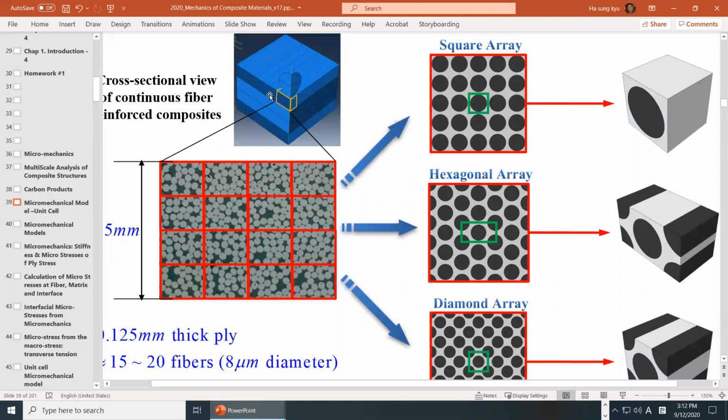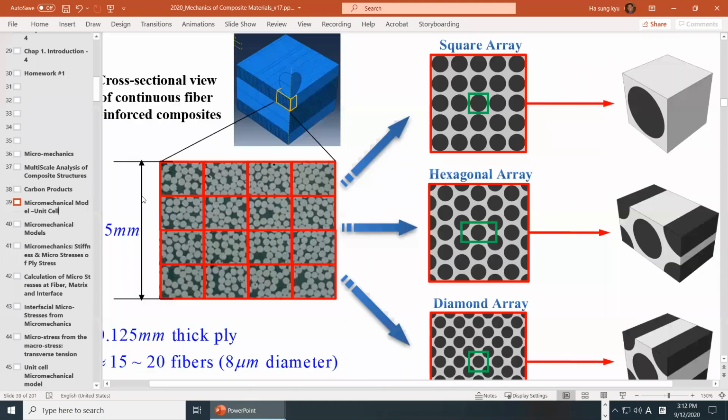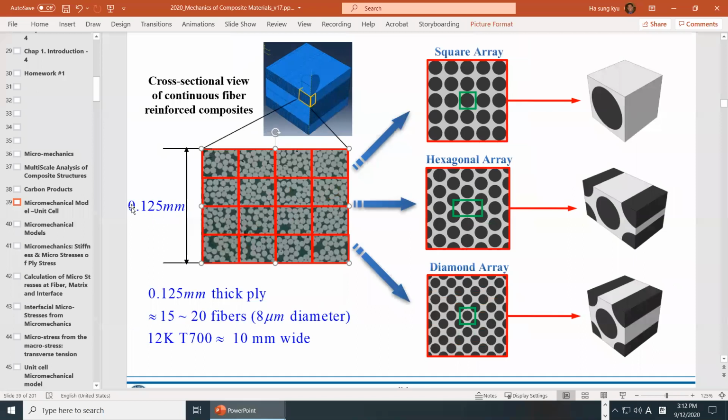This is just one layer. You can imagine this is the prepreg UD, and this is the cross section. Let's say this is one prepreg, just one prepreg with one angle, and say typical thickness is about 0.125 millimeters.